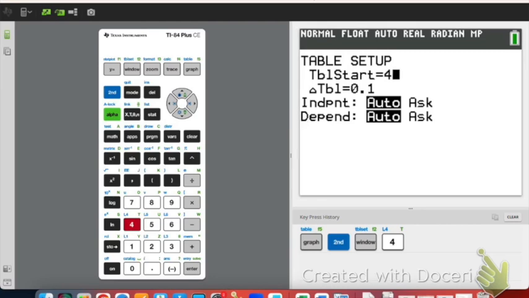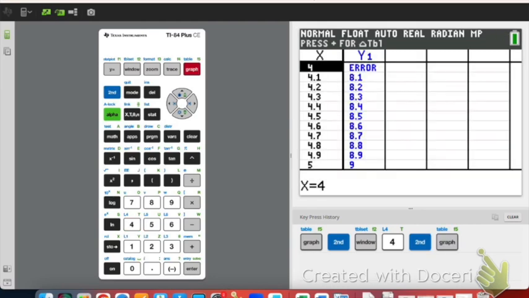From here, I'm going to hit second table. And you'll see here when I do my table, there's an error where 4 is. That's what that hole is that I was showing you on the graph on the slide. When you did your graph on the calculator, it doesn't look like there's a hole there, but there is. There's an error there because it's undefined at x equals 4.